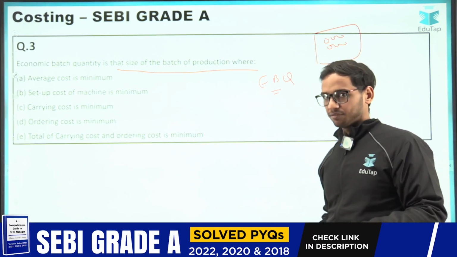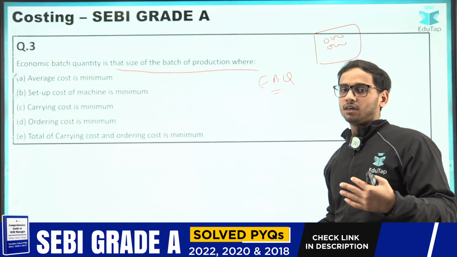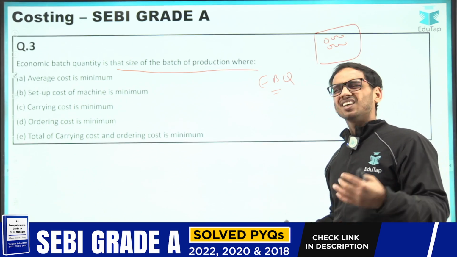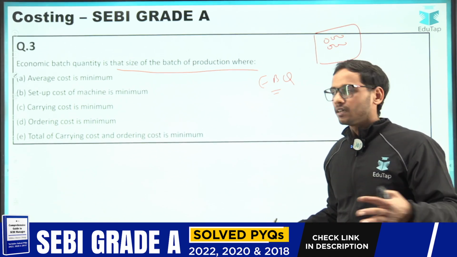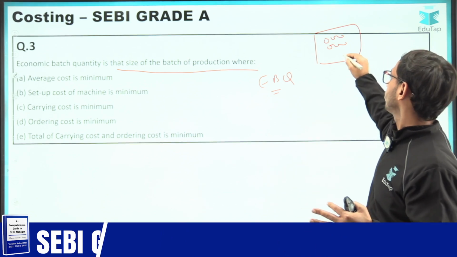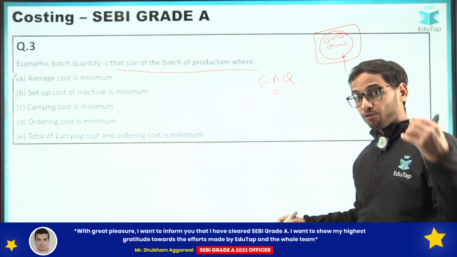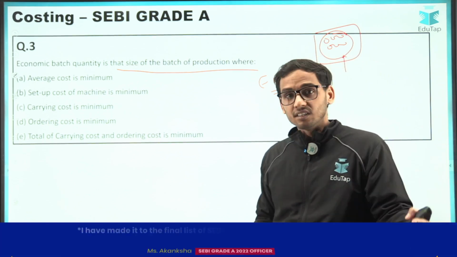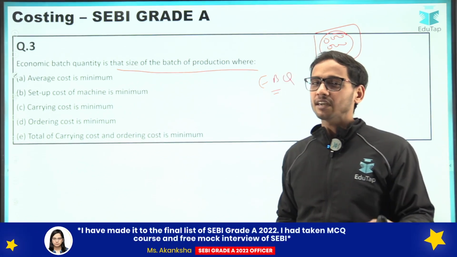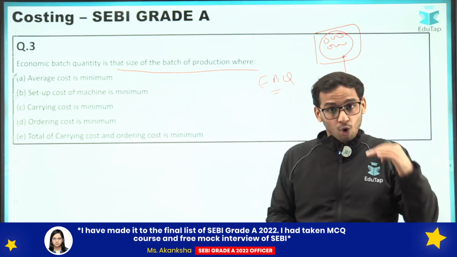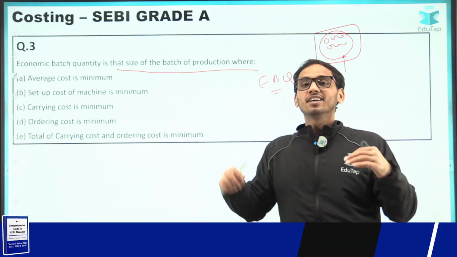See, we are MRF, a manufacturing company of tires. Suppose we are bakers, right? How are we going to decide the quantity in a particular batch? We are going to consider certain factors. And why are we considering certain factors? Because we have to minimize our cost to produce these goods in a batch.